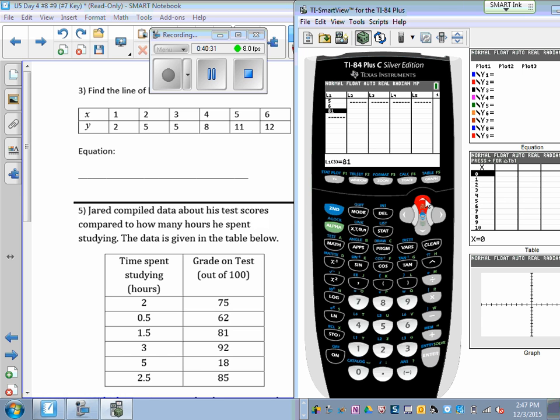So you arrow up, and don't hit delete. If I hit delete, your list will disappear forever. So we hit clear and then arrow down. You can also hit clear and then enter.